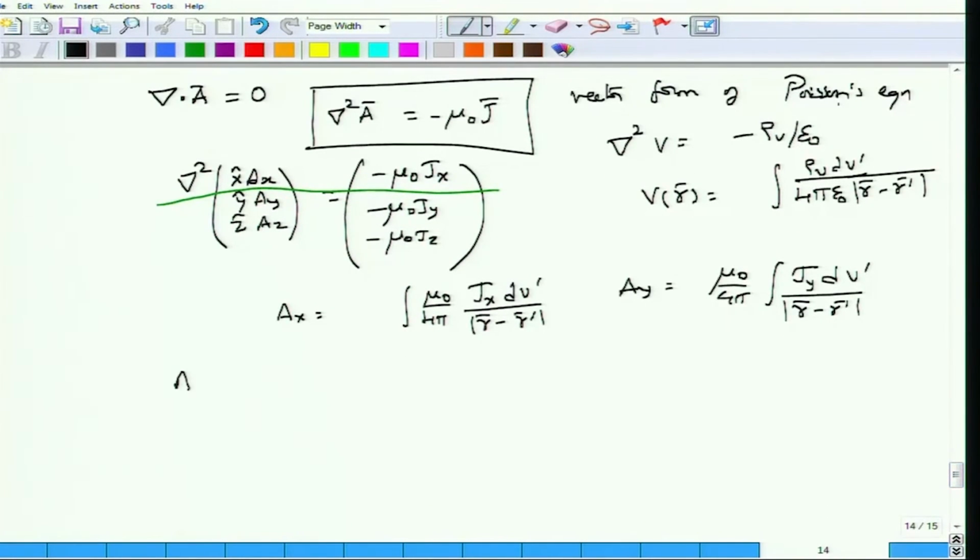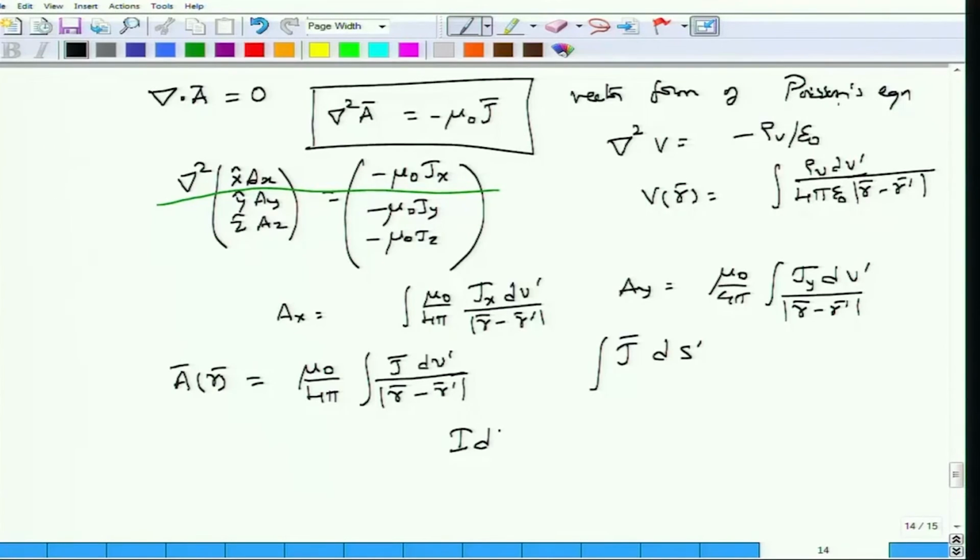So the vector potential A at the field point r is given by mu 0 by 4 pi integral of J dV prime, where J is the point to point variation of the current density, and r minus r prime is the magnitude of the vector that joins the source and the field points. In case J is defined only as a surface, then you replace that integral with one over the surface. In case J is defined as a filament of current, then you need to replace this by I dl, or J0 dl, something like that.